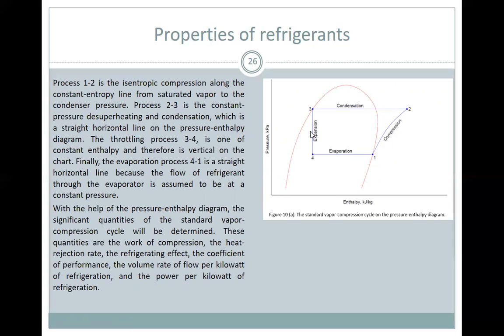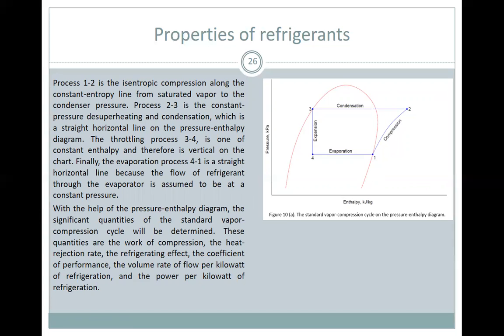The throttling process 3 to 4 is one of constant enthalpy and therefore is vertical on the chart. Finally, evaporation process 4 to 1 is a straight horizontal line because the flow of refrigerant through the evaporator is assumed to be at constant pressure.